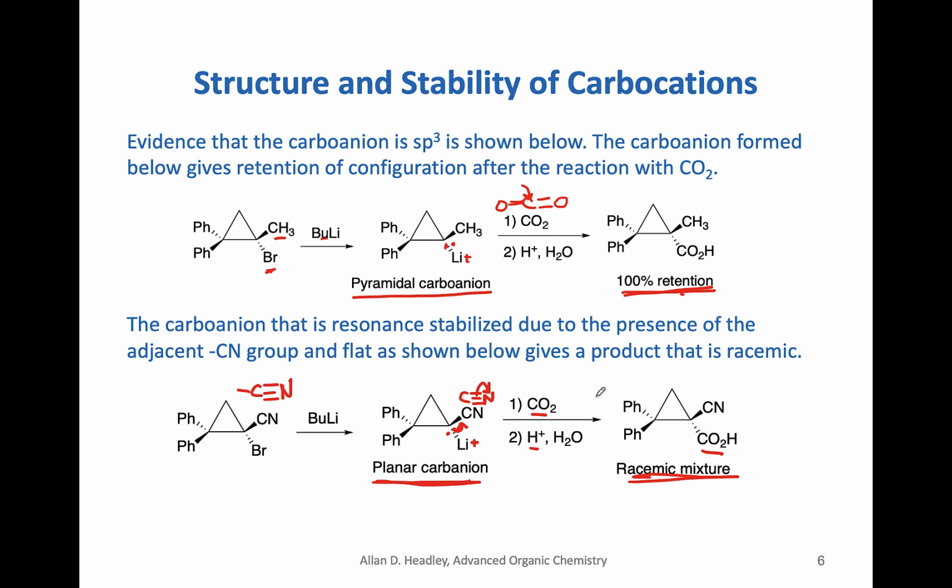So this is clear evidence that a localized carbanion is pyramidal, and a carbanion that's delocalized because of an adjacent pi system is planar and gives us this product, because attack can take place from either end of the flat carbanion.